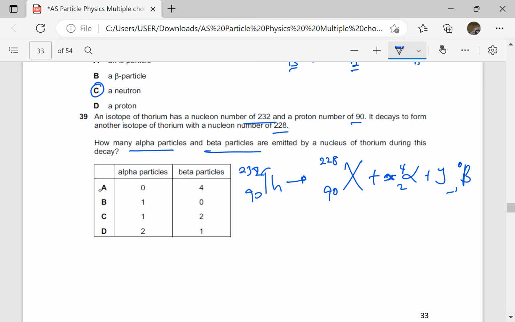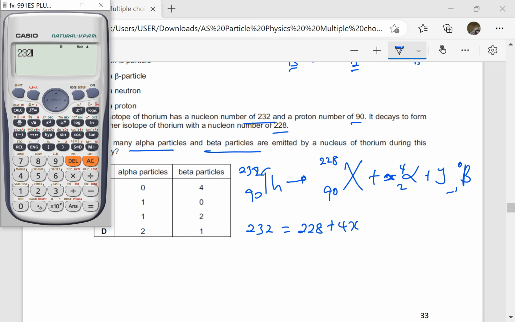So conserving nucleon number to find x, 232 should be equal to 228 plus 4x plus 0y. So we find x: 232 minus 228 divided by 4. So x is 1. So there is only one alpha particle emitted.